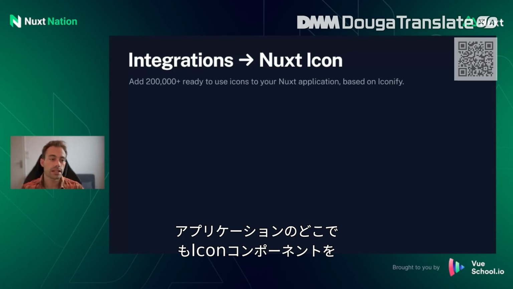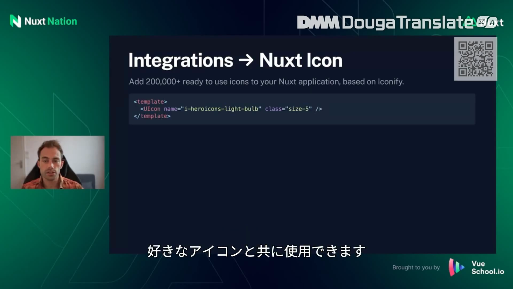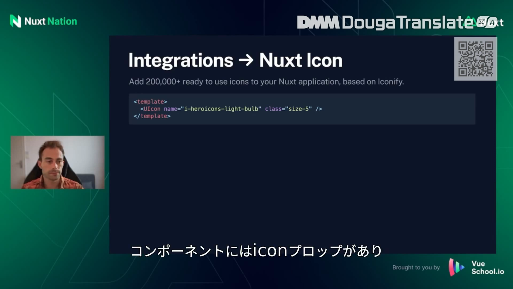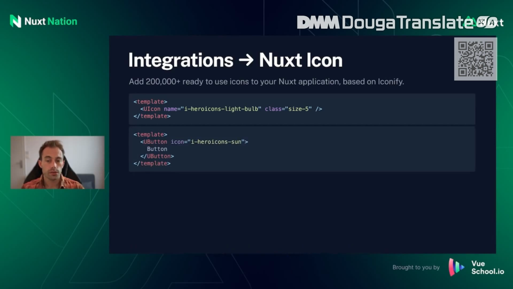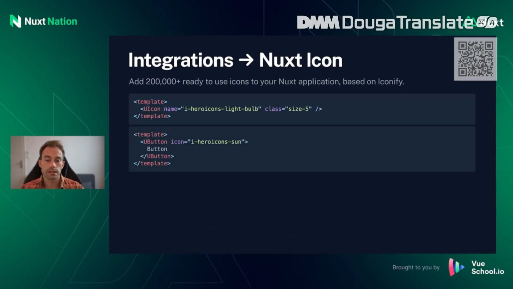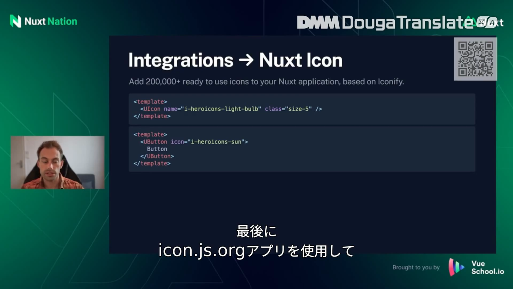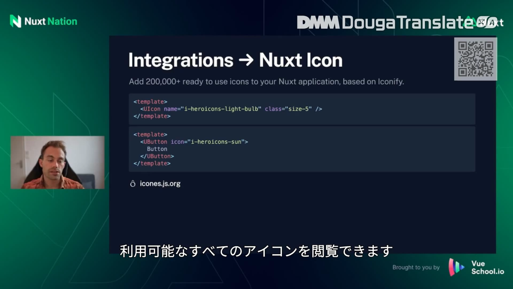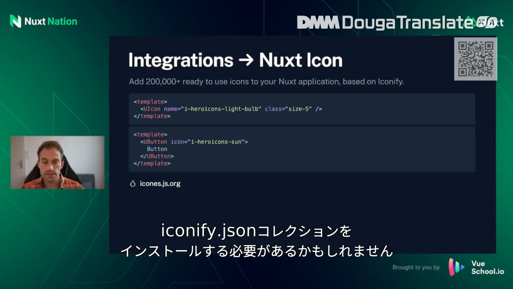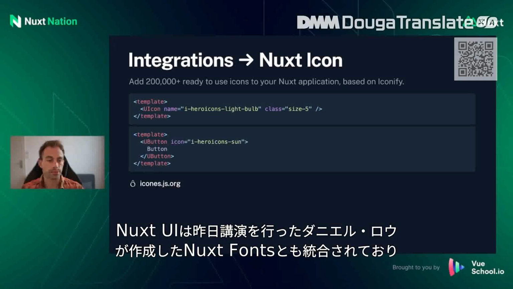And this integration lets you use the icon component anywhere in your app with any icon you want. You might find icon props on components that you can pass an icon from Iconify to also. And finally, you can use the icones.js.org app to browse all icons available. Do note that you might have to install the Iconify JSON collection to build your app.